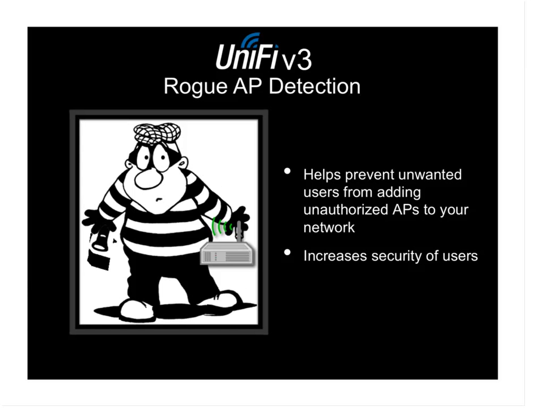So with UniFi version 3, we added rogue AP detection. If there's another access point installed on your network with the same SSID or settings, we can actually detect this and warn you about it.